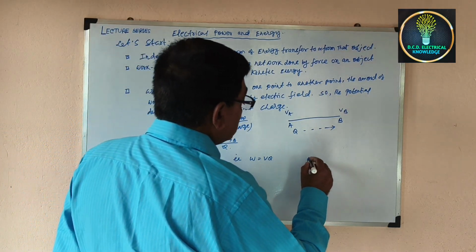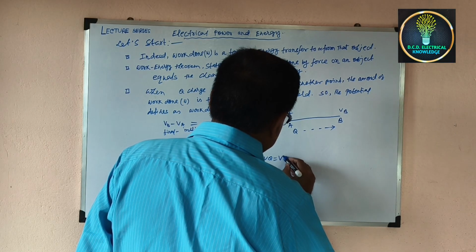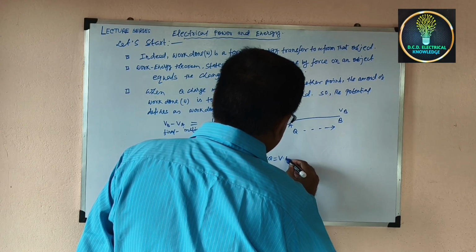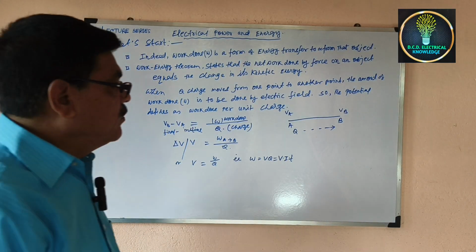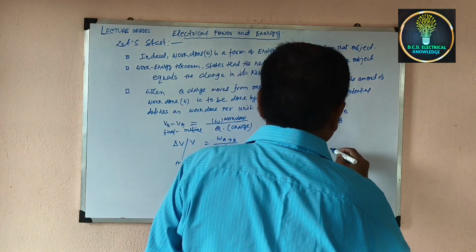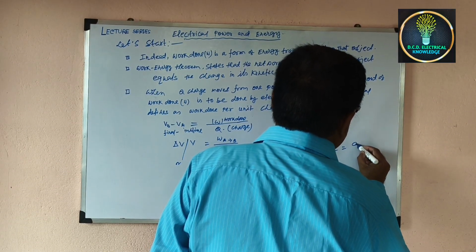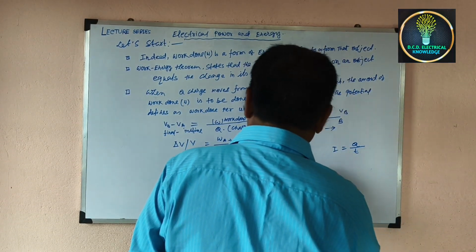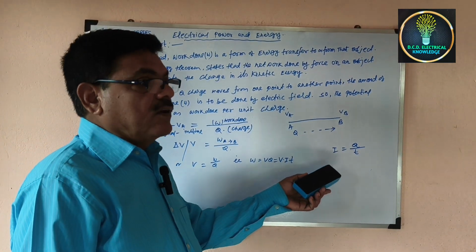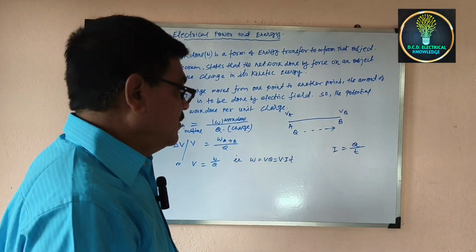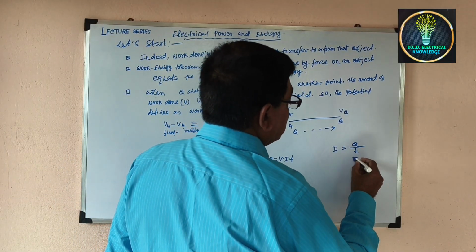Charge, we can write Q is equal to I into T. We know that I is equal to Q by T. In a cross section, the rate of flow of charge is known as current.